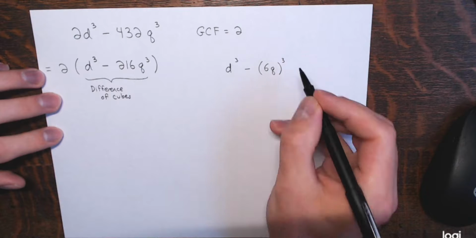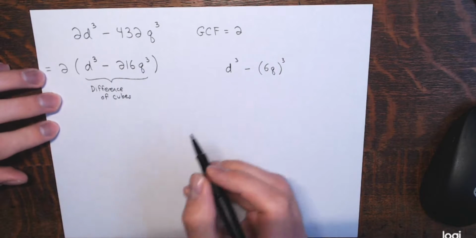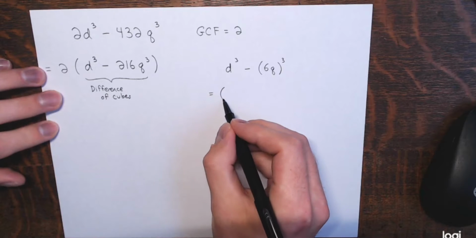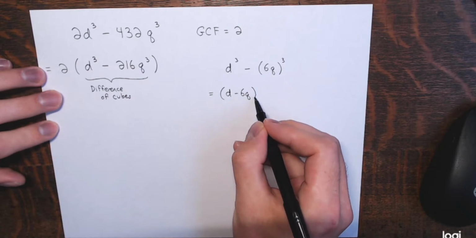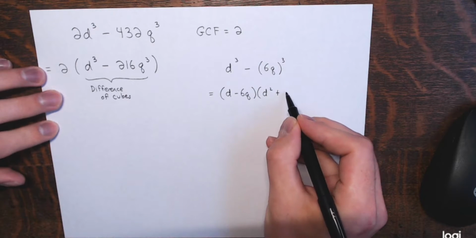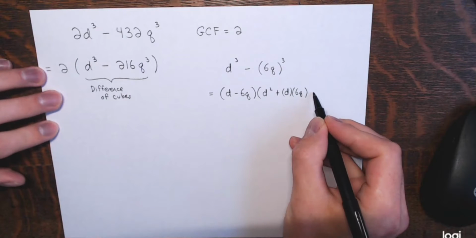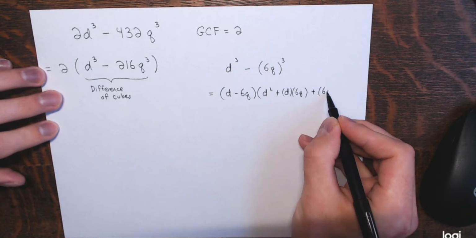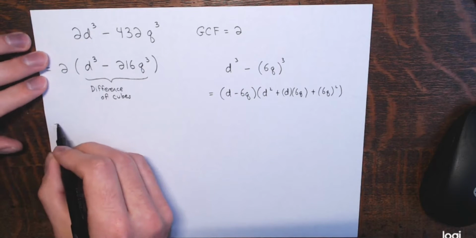Right, there's your difference of cubes. So that'll factor to d minus 6q times d squared plus d times 6q, and then plus 6q to the second. We'll simplify that when I write out my final factorization over here.